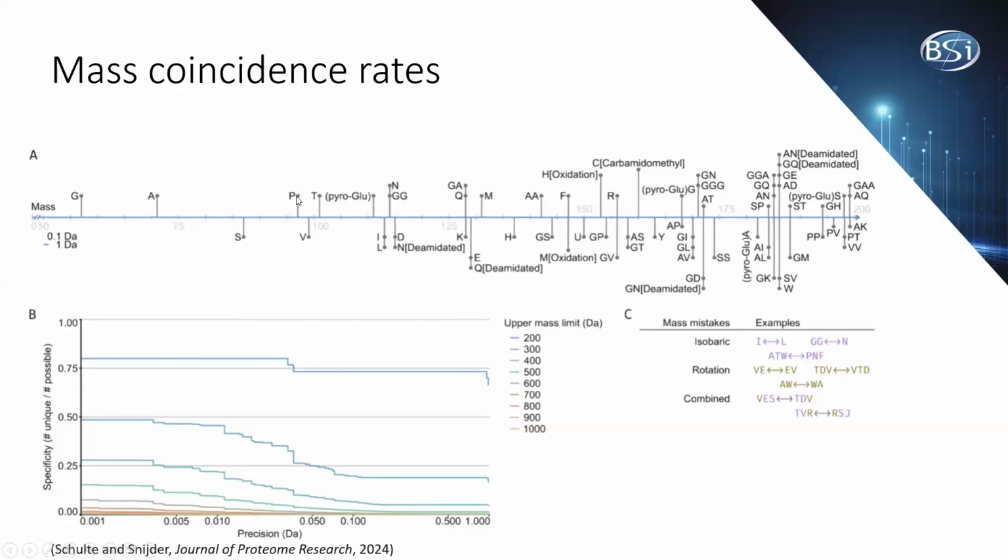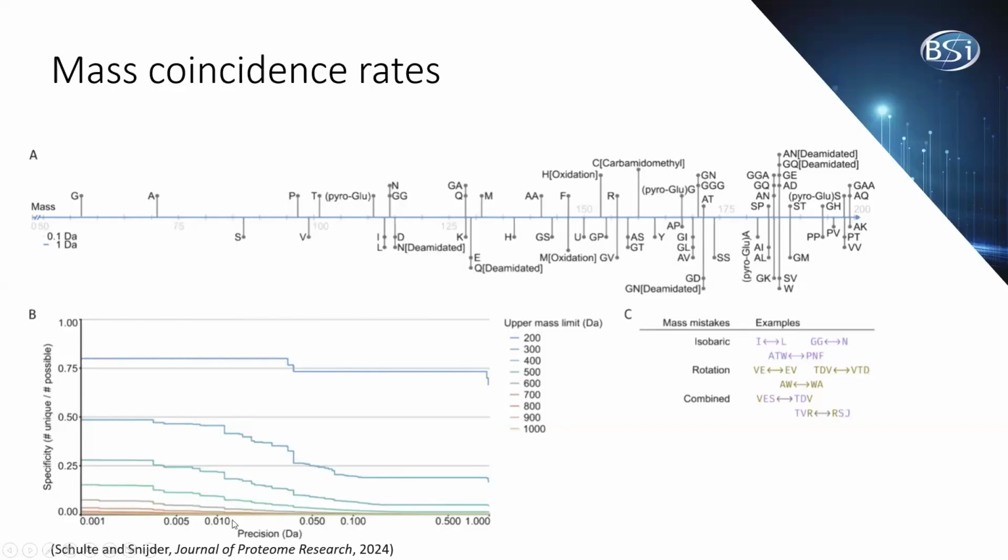So, for example, proline would be one that's unique to a certain mass, versus the number of possible assignments up to each of these mass limits indicated on the right. So the blue line is the 200 Dalton upper mass limit that's shown here at the top. But as you can see, if we go up in the mass limits all the way up to 1 kilodalton, the specificity really drops off.